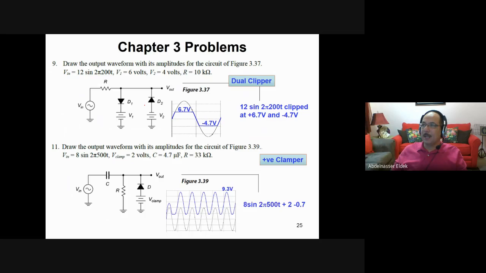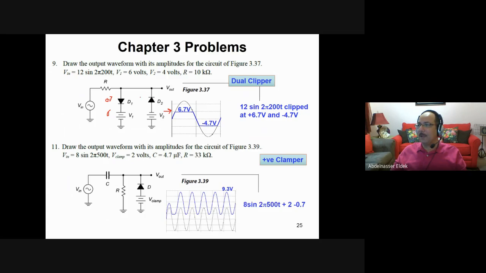The next one is a dual clipper. It is clipped at positive and negative because you have 2 branches here. This one is, as I said, 0.7 for the positive, and the voltage here is what? 6 volt. So it will be clipped at 6.7 here for the positive half.